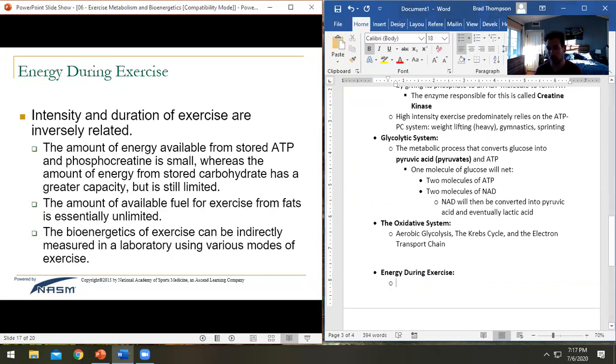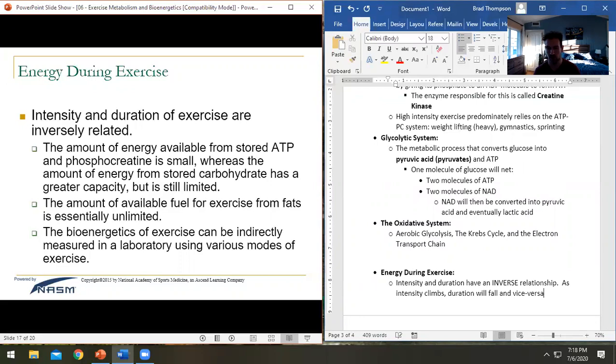Those of you who have been through our program design classes, you've heard me say that before, but intensity and duration have an inverse relationship. As intensity climbs, duration will fall, and vice versa.